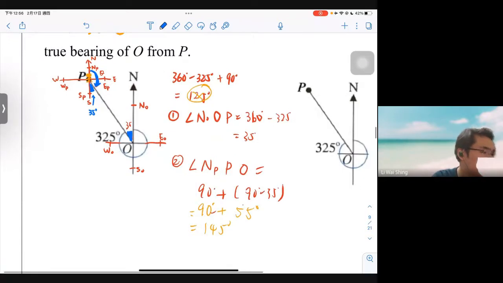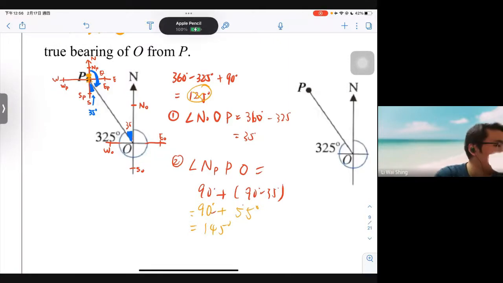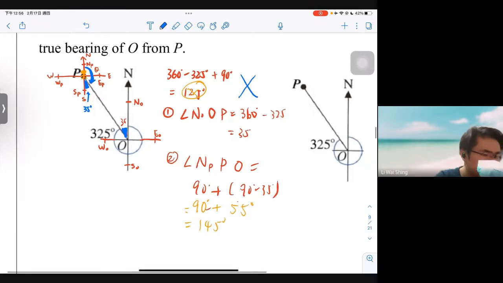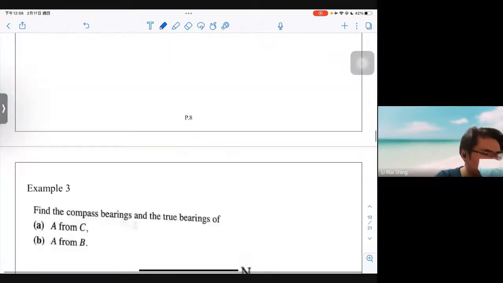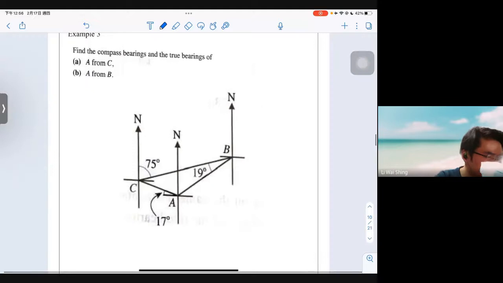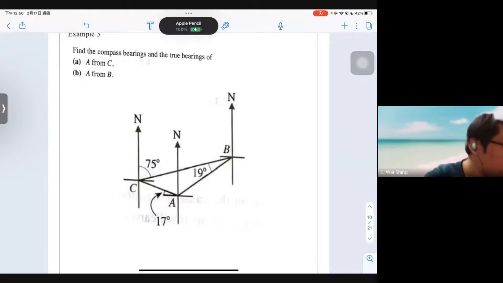That's why it's better to write down the steps at that moment. So, skip a few steps, it's not correct, sorry. All right, the last one I don't want to mention. Let's try to do this ourselves. Example 3.